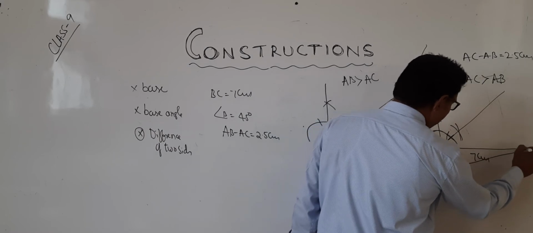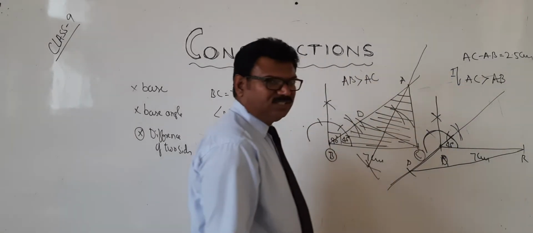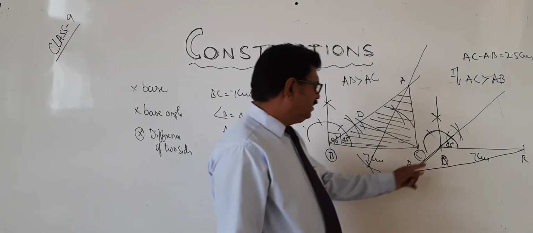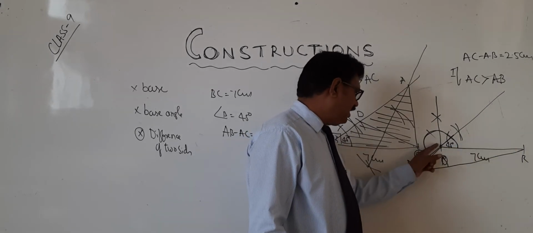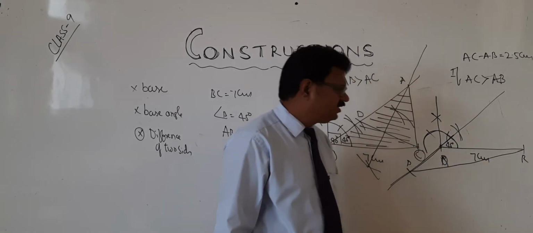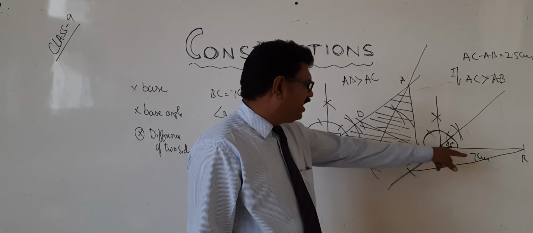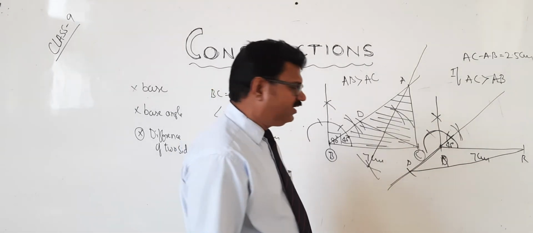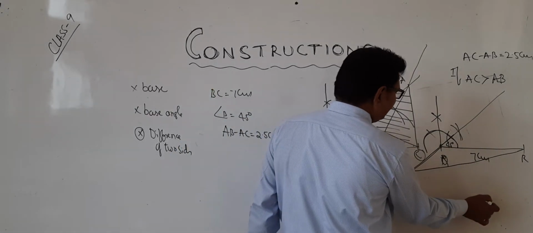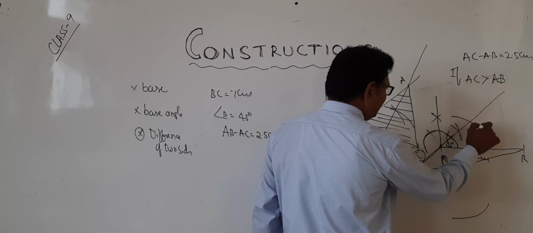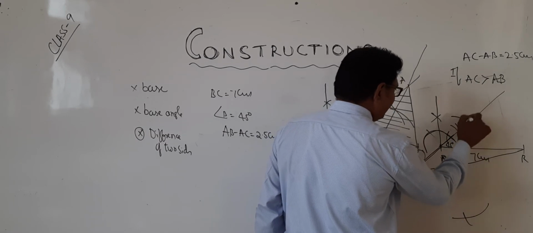Now just add this. Now which is the new line? This line or this line or this line? Yes, PR, DR is the new line. Therefore both are bisecting like this and like this.